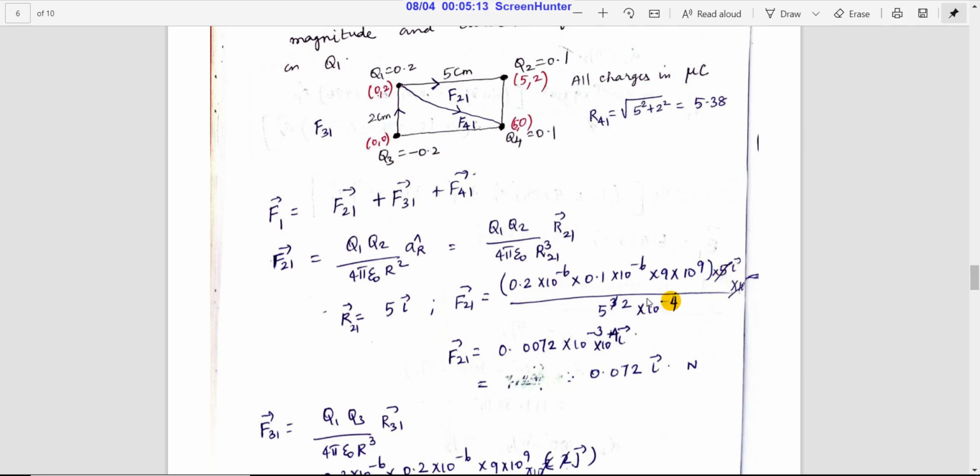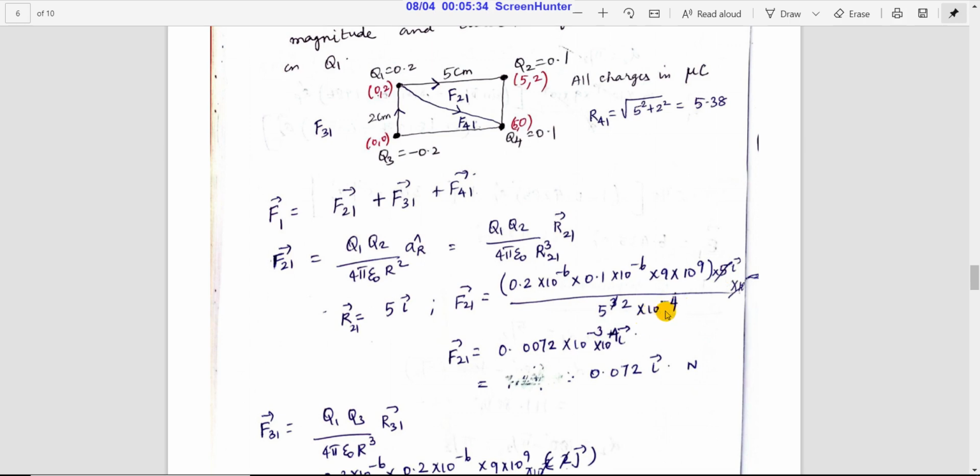Here you can cancel this 5 with one 5 here, so 5 square will be the remaining part, and if you calculate these values, our answer is going to be 0.0072 into 10 power minus 3.